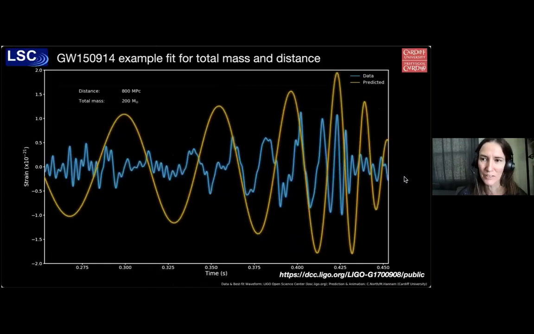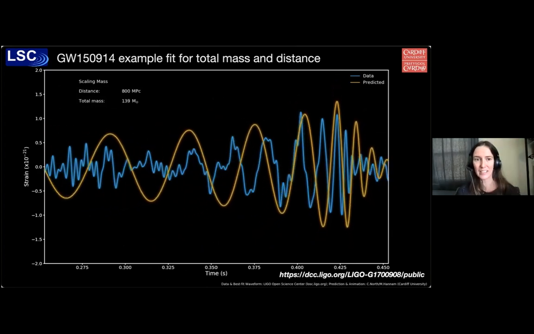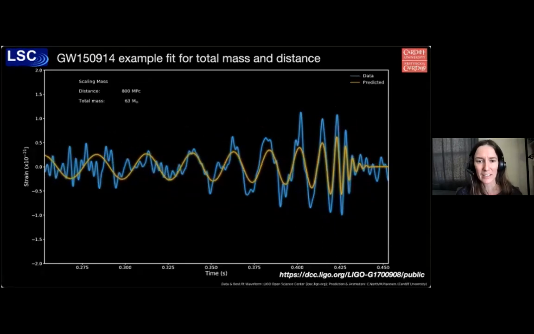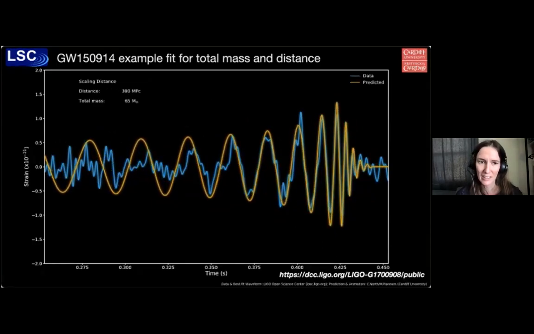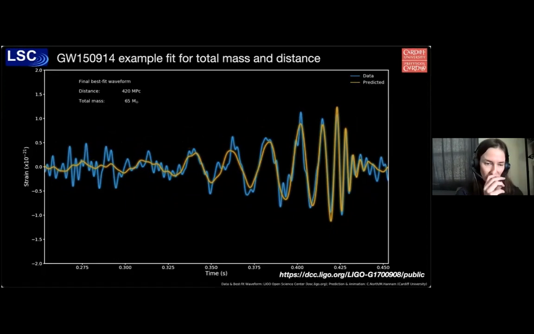Okay, so how do we figure out what we saw? Let's go a little bit more into the details. We're going to be matching the waveform model, which depends on mass and distance, with the pattern recorded by the detector, using our knowledge of how the detector responds to a given signal.